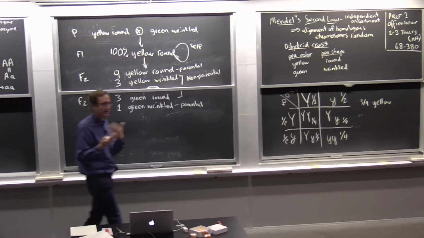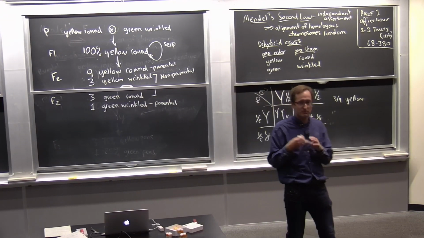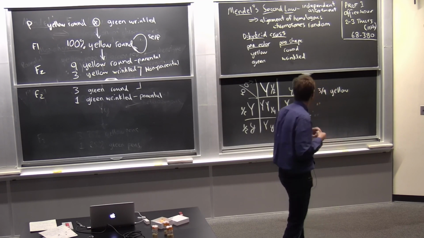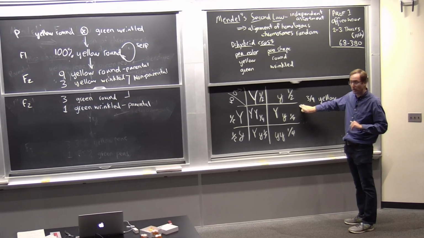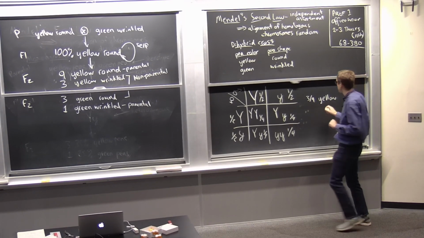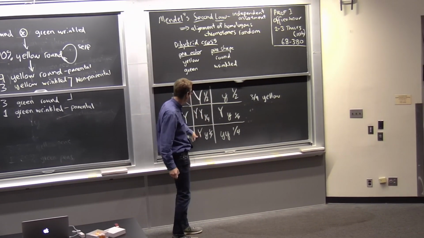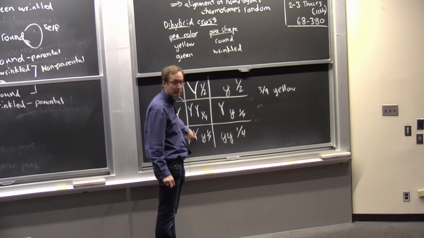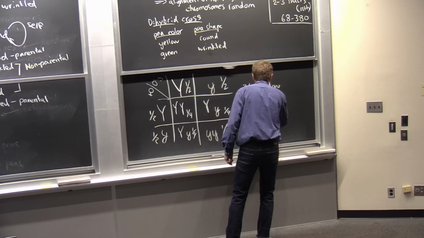Again, we can think about this just in terms of probabilities and these different gene pairs segregating independently of each other. We already talked about, for a monohybrid cross, for pea color, 3/4 of the progeny is yellow, right? Because they at least have one dominant allele for the color, and 1/4 are green.